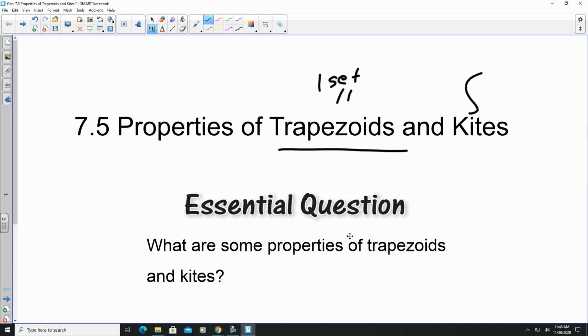So it looks something kind of like this. This side length would be the same as this side length, and this side length would be the same as this side length. So it'd be like consecutive side measurements are congruent, not opposite sides are congruent. So that's what makes a kite a kite.